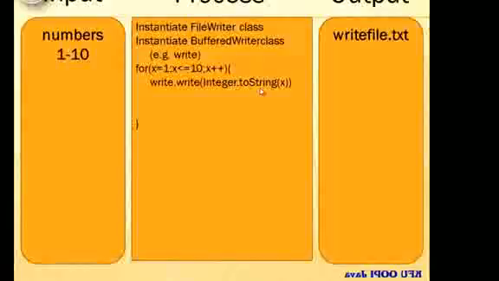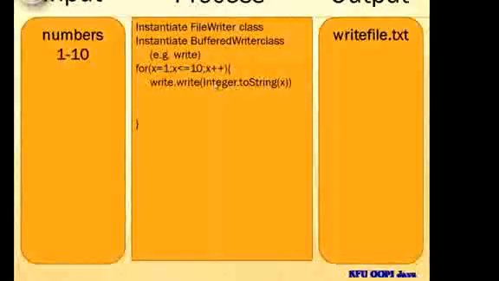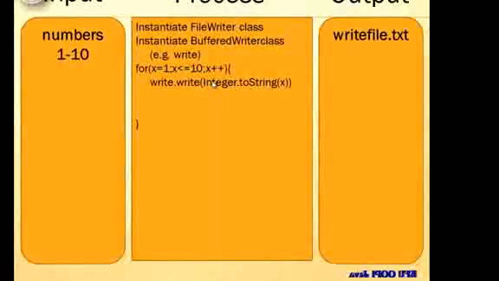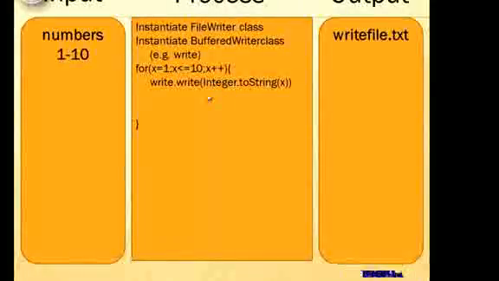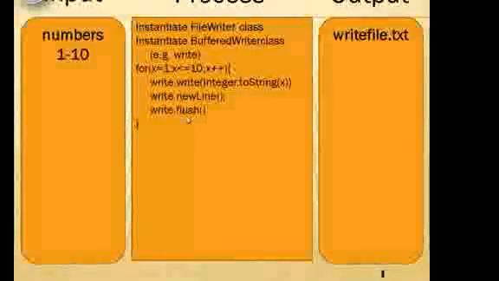We need to convert this number to string because, as I said, we're talking about a character output stream. Then we're going to separate them by a new line, so we will put a new line. This is the command for that, and then we will save it using flush.